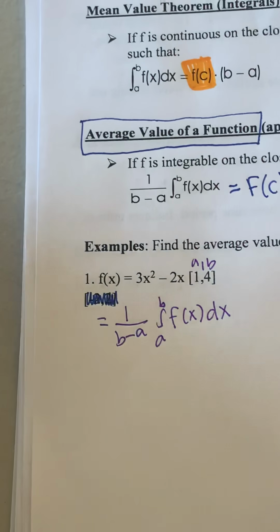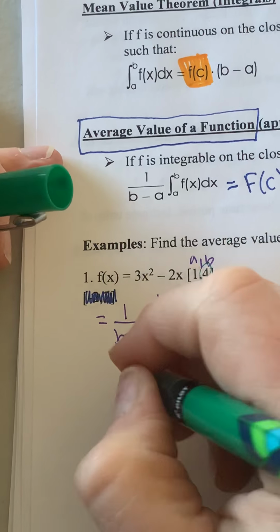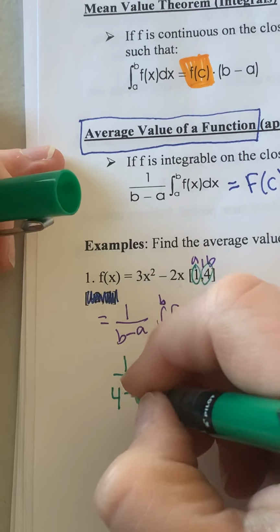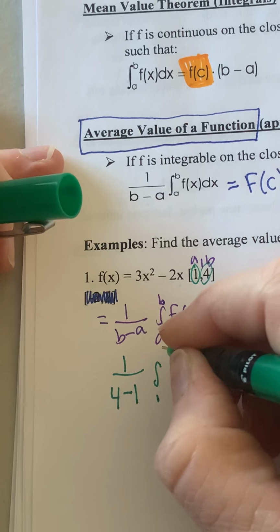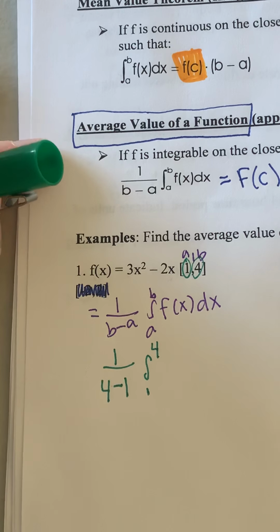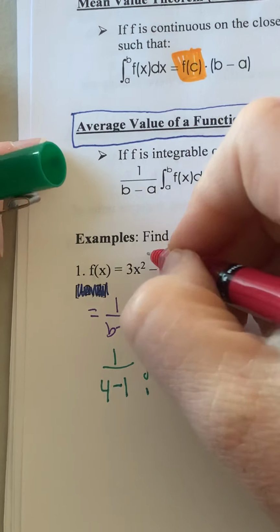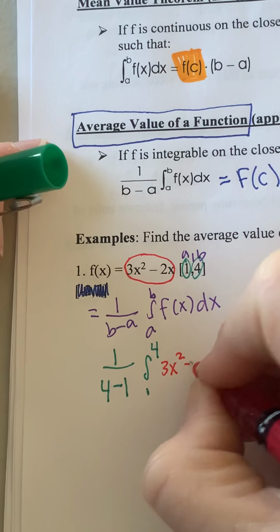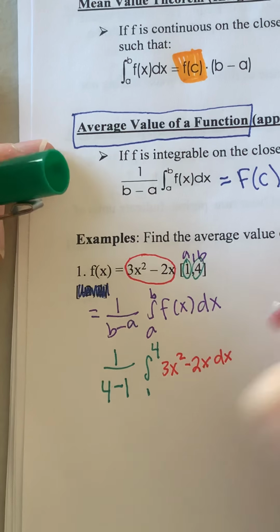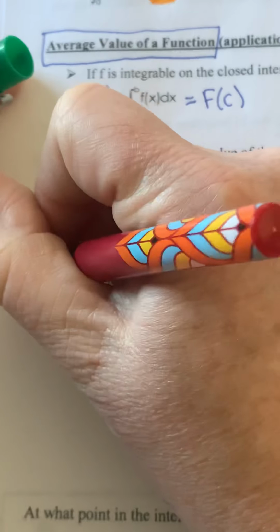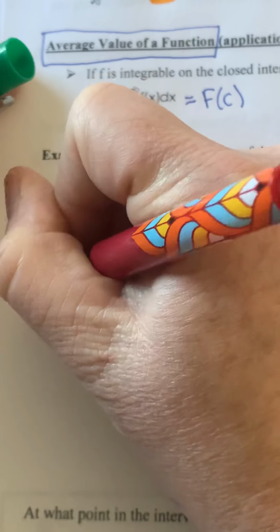So b is 4. I'll have 1 over 4 minus a, which is 1, times the integral from 1 to 4 of f of x dx, which is just that entire function, 3x squared minus 2x dx. Okay, so this is the average value, or f of c.